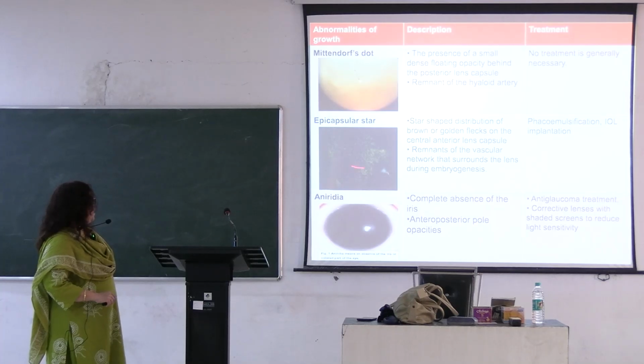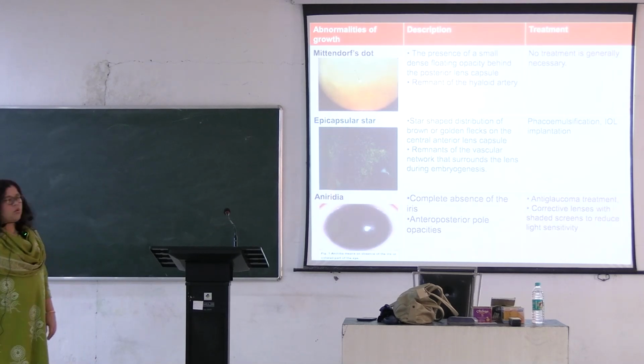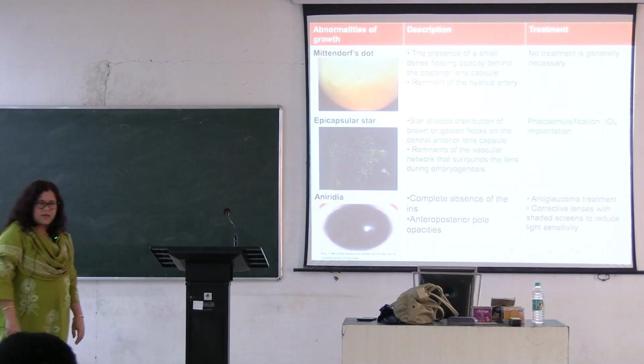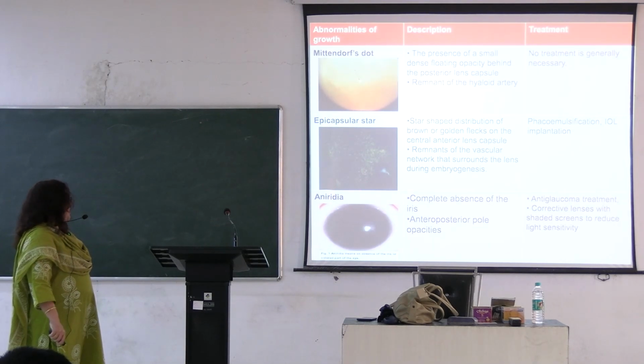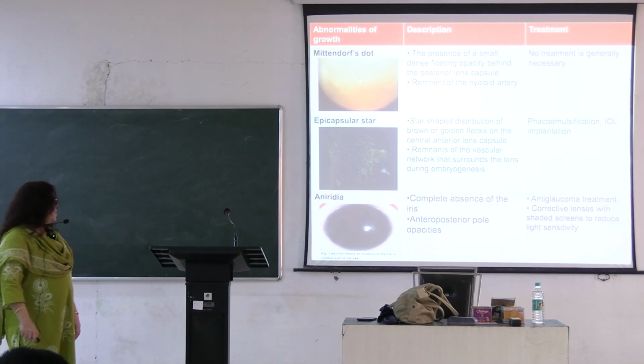Then epicapsular star. Sometimes brown and golden flecks are present on the anterior lens capsule in a star-shaped distribution. This is called epicapsular star.